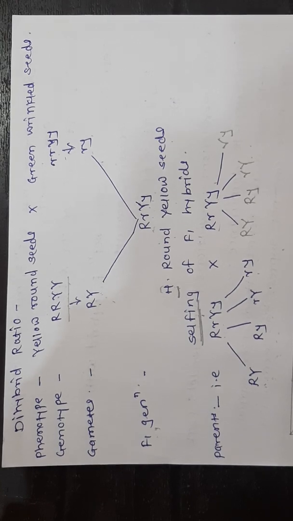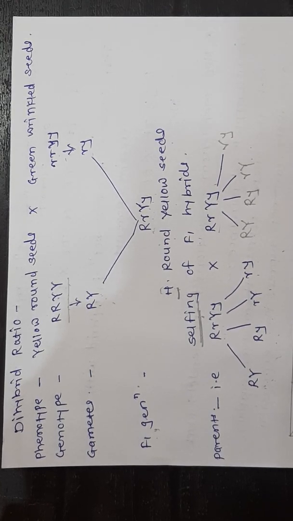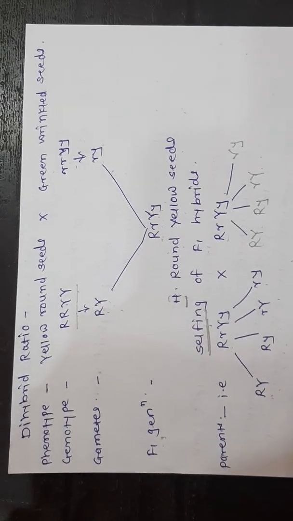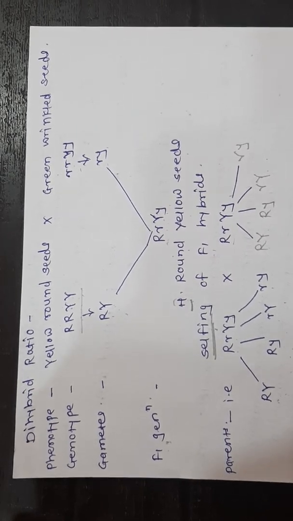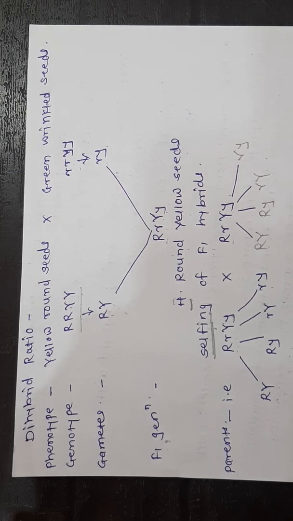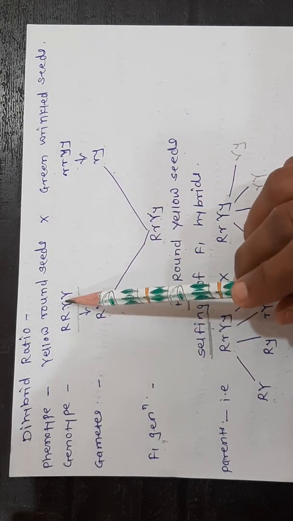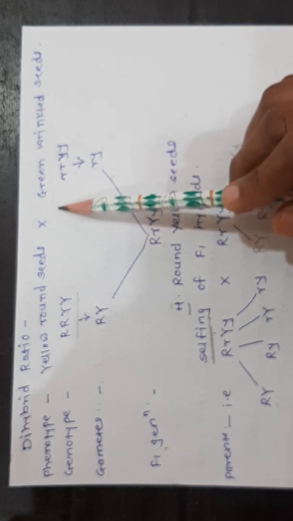In a dihybrid ratio, two pairs of contrasting characters are used. Two pairs of contrasting characters means they have two opposite factors. Example, yellow round seeds crossed with green wrinkled seeds.